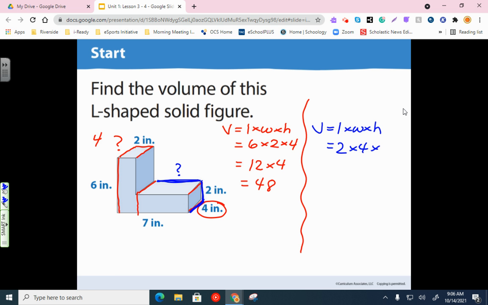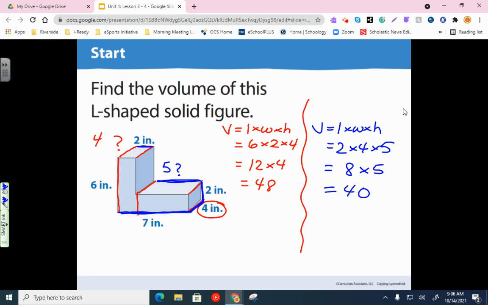Now to find this one, I have to look down here. The whole width of this figure is 7 inches. This little portion is 2. So we've got to find the difference between the 7 and 2, which is 5. So that'll give me that. And that'll be 4 times 2 is 8. 8 times 5, and that'll give me 40.